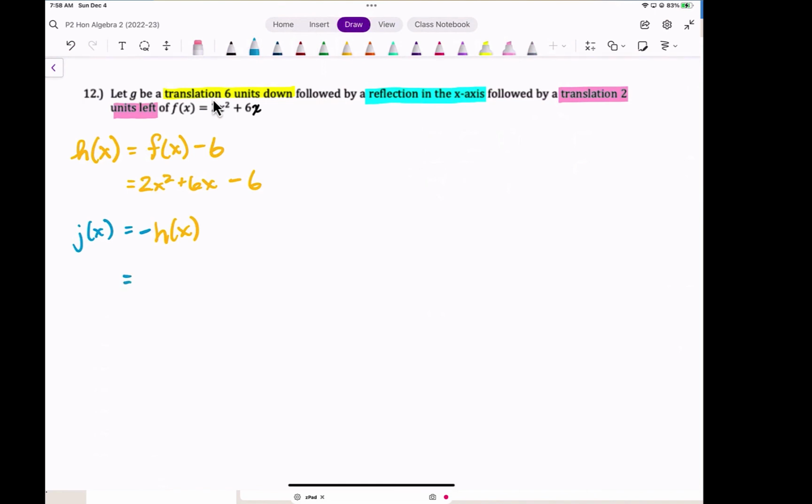So whenever there is a negation or a vertical stretch, you really want to make sure that you make all of the terms opposite, and you'll need the parentheses. So there's my negation, and here 2x squared plus 6x minus 6 is the function h verbatim. So I'll write it out. I'm negating the whole function, which is why the parentheses are there. And then I'll distribute that minus. So j is going to be negative 2x squared minus 6x plus 6.